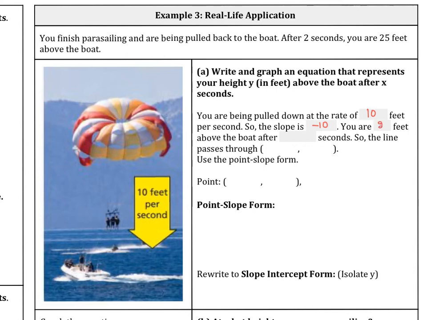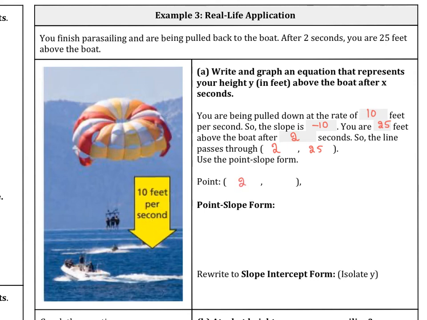You are 25 feet above the boat after 2 seconds, so the line passes through the point (2, 25). So this is our x1, y1 point. Use point slope form to find the equation.